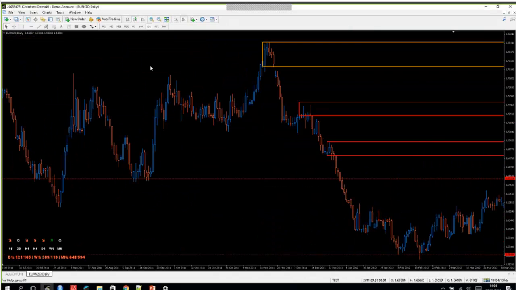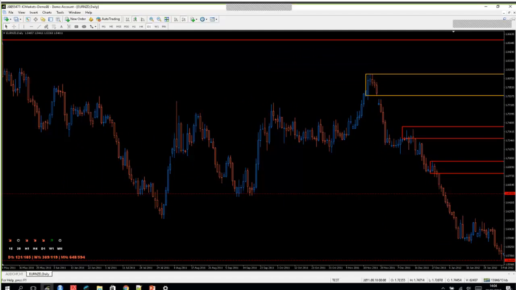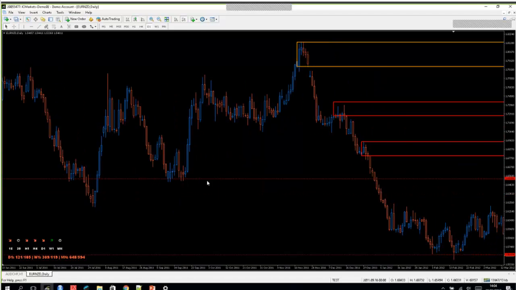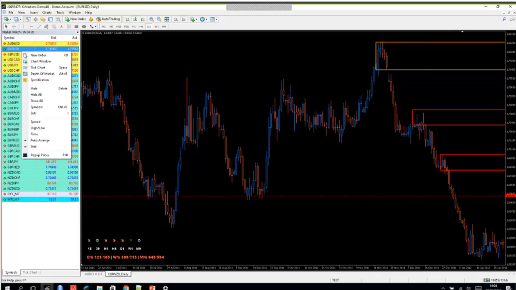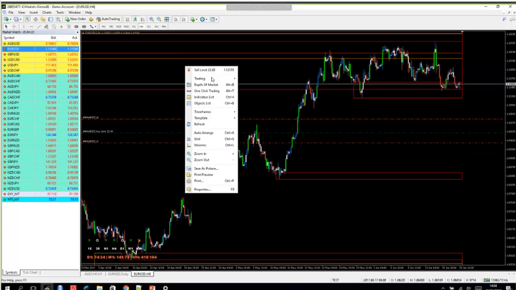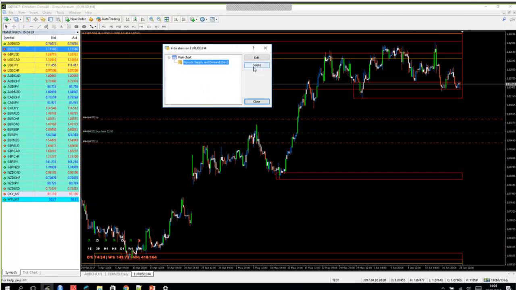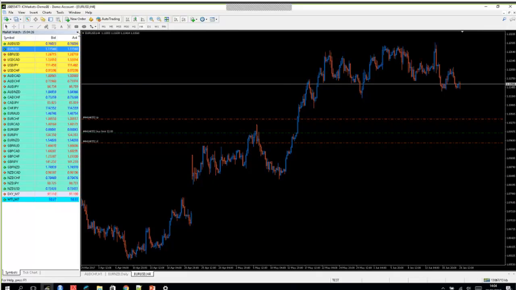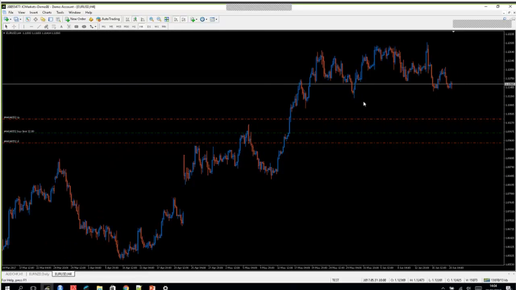Ultimately, you have to find an area of supply and demand that was strong enough to accomplish something. And when I say accomplish, I mean it had to, for example, cause market structure to fail. And when I say market structure, I'm referring to trend lines. If we drag another pair on here and delete the indicator, you can see we have price wriggling up like this.